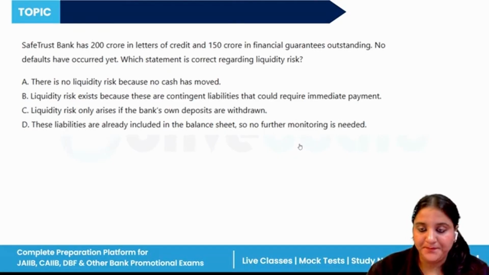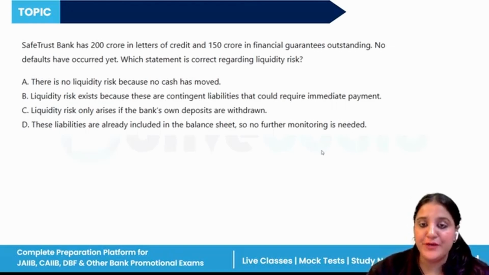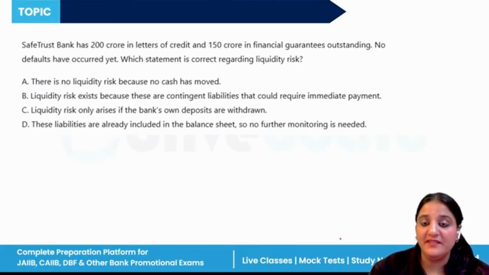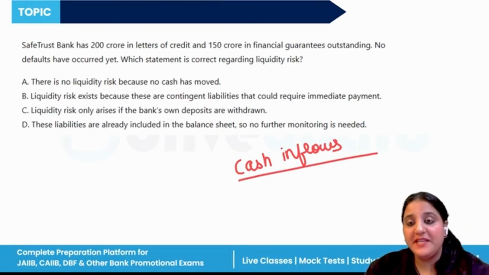Very simple. What we have to see here is that in the first hour of a liquidity crisis, the bank's immediate priority is cash inflows to meet the obligations.